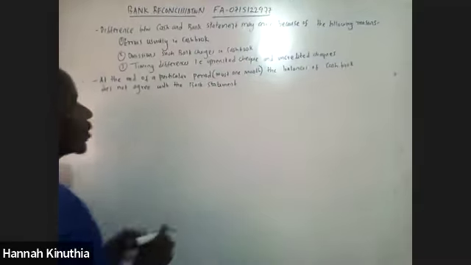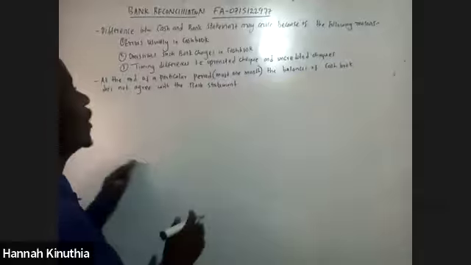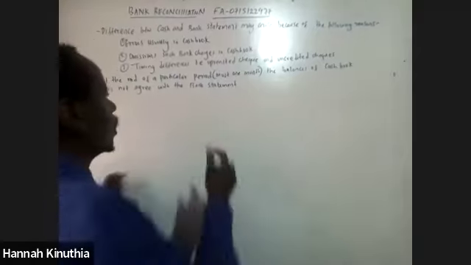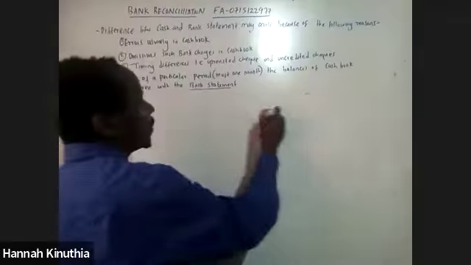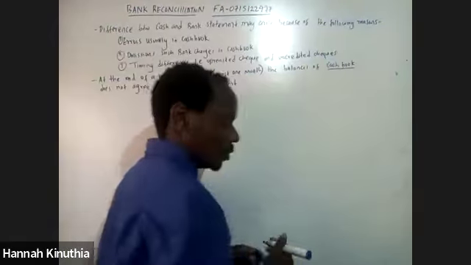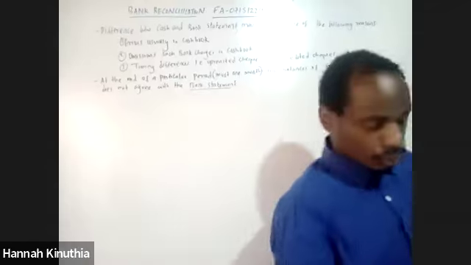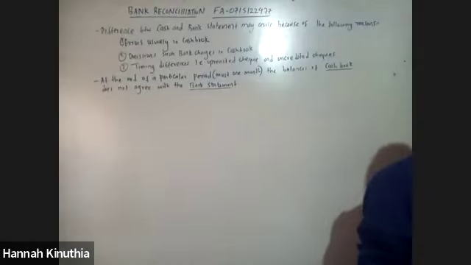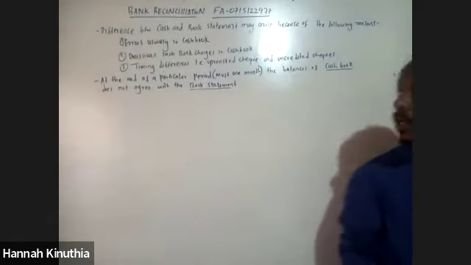So in most cases, when preparing those two statements, the bank statement and the cash book, it is possible to find that the balances of those two items are not agreeing.